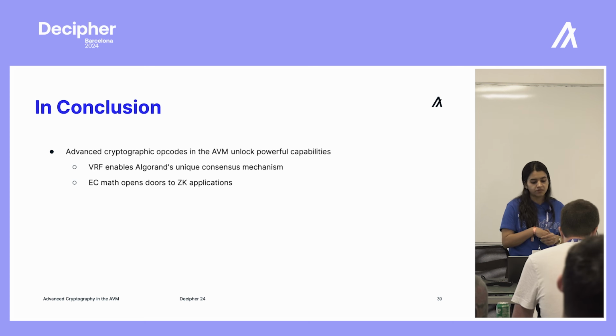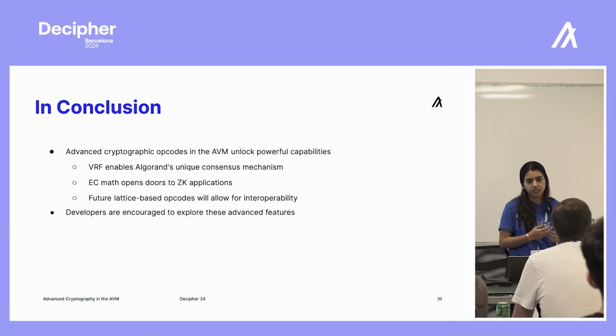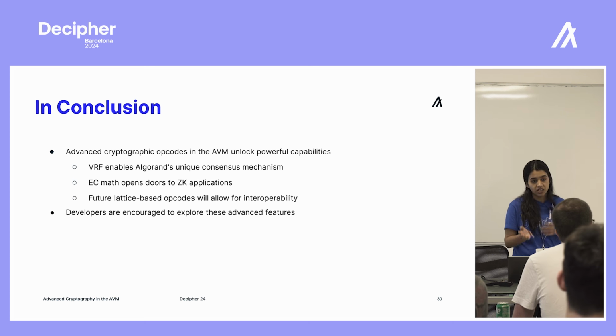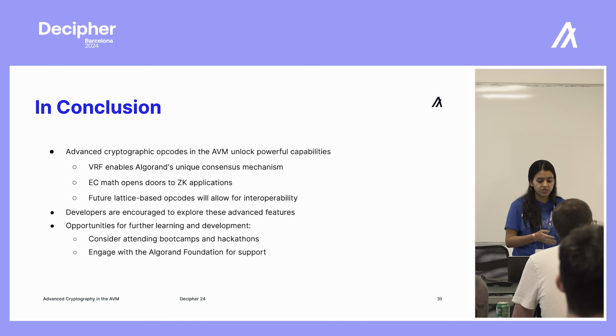And then we also looked into how we can use lattice-based opcodes in the future, which will allow for interoperability. I would definitely like to say that more and more people should check out these advanced features. And if you're interested, you should attend our boot camps and hackathons. They are intensive and you would definitely learn a lot. And we are here to support you.